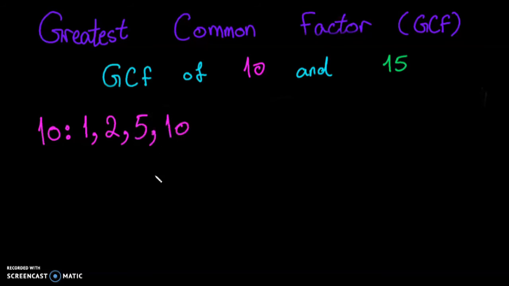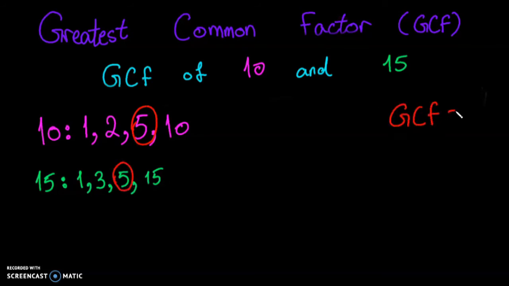And 10, these are the factors. And for 15, 1, 2 is not a factor. We cannot divide 15 by 2. 3 is a factor. 5 and 15. We look at the highest number, 5. This is the GCF, 5.